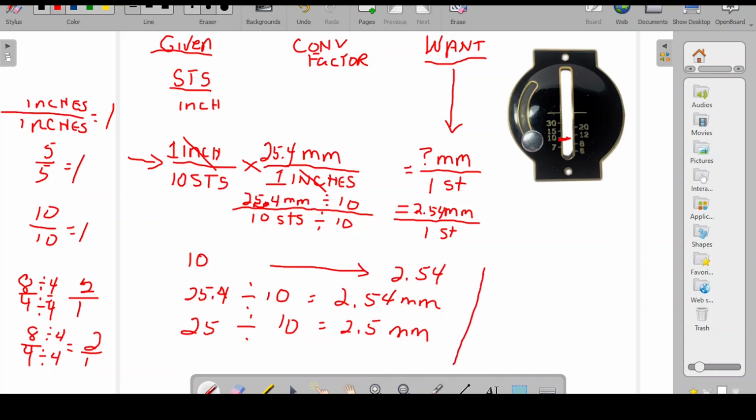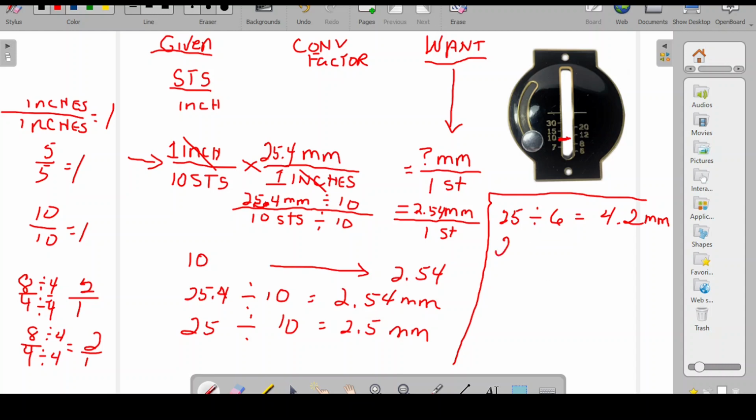So down here, the number 6, 25 divided by 6, well, 24 divided by 6 is 4 mils, so we know it's 4 point something. And you look in your calculator, 25 divided by 6 is 4.166666, so it's about 4.2 mils.